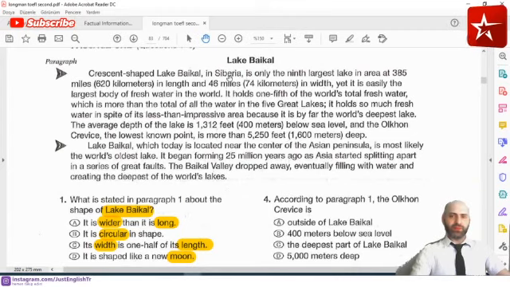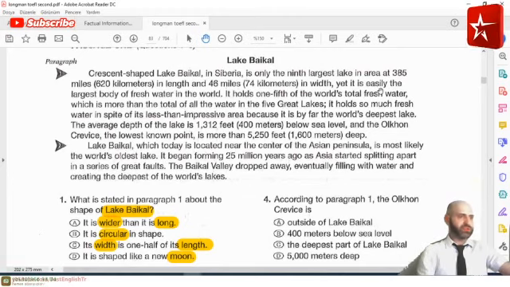Width, we see 46 miles. Is 46 more than 385? Hilal also says no. So C is not the correct answer and A is also not the correct answer. Our correct answer is either B or D.